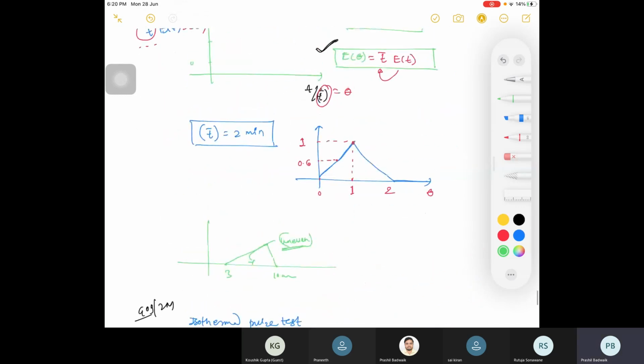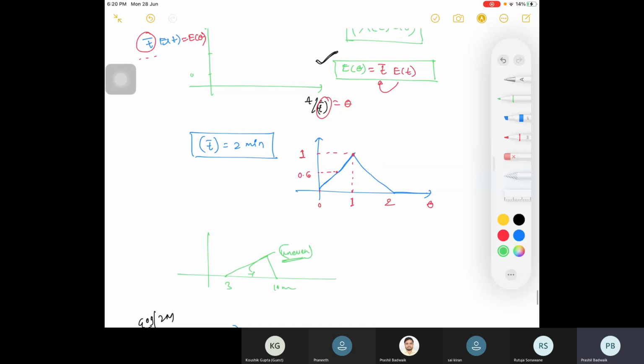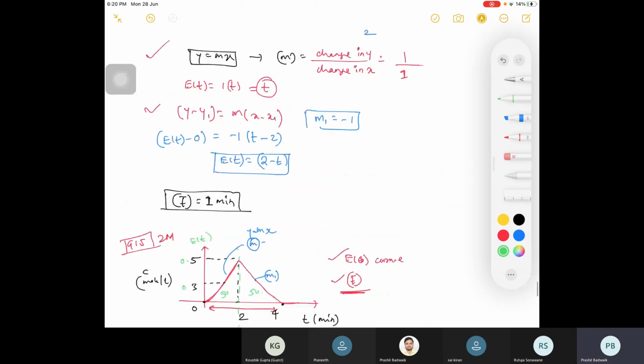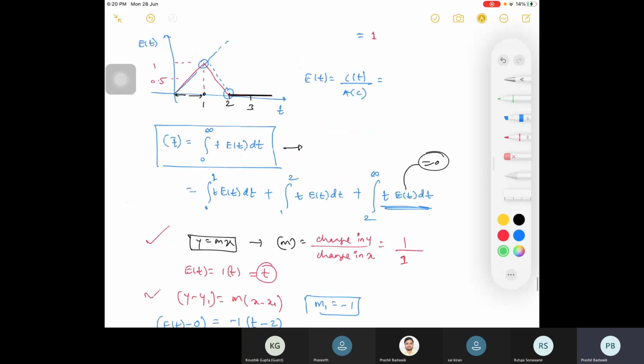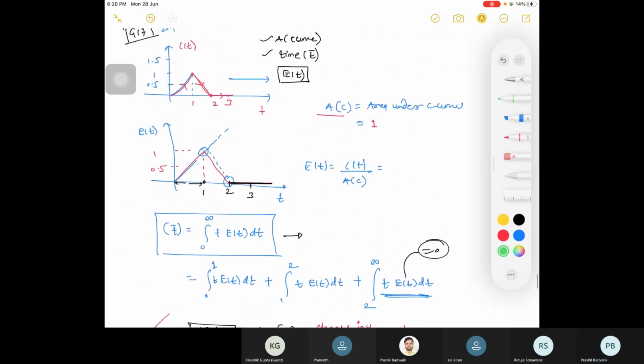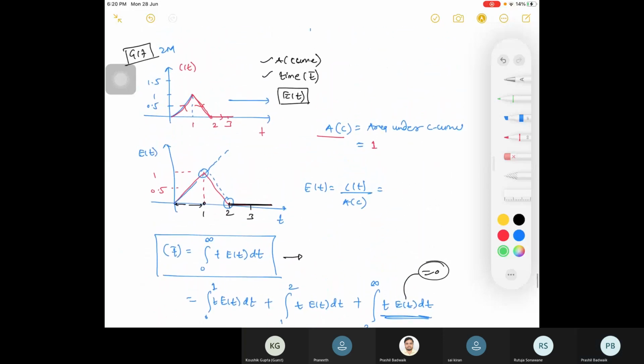Can you guys observe what the things are here? First he observed that the line dividing your area into 50% is your t mean on the x-axis. Is there any other way you can calculate your t mean? Anything you observe from this graph?